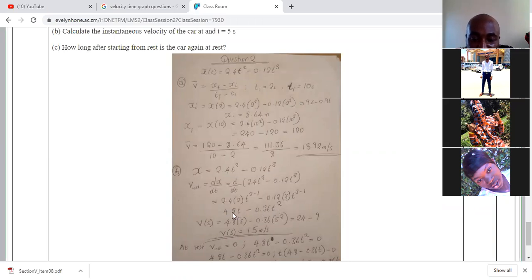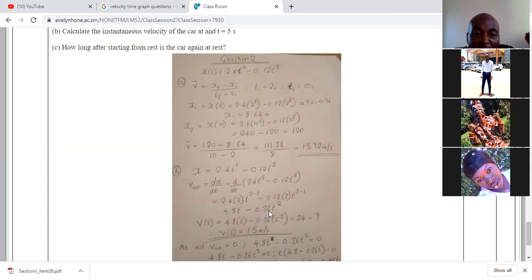It means something is at what time? At rest. Are you getting it? So, sir, we actually equate the differentiated equation, not the original equation stated.